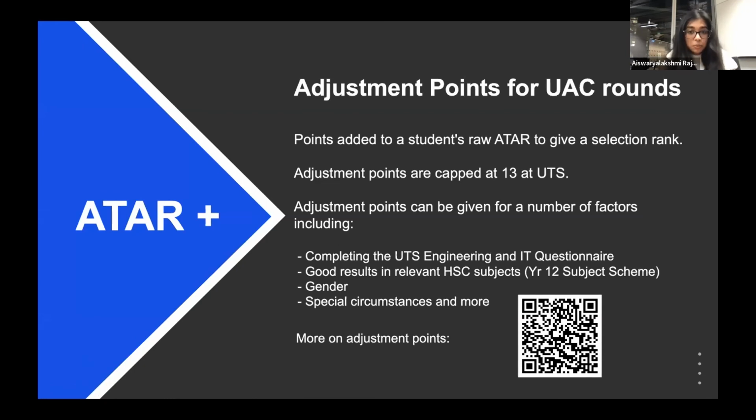Adjustment points at UTS are capped at 13, and adjustment points can be given for a number of factors. These include completing the UTS engineering and IT questionnaire, getting good results in relevant HSC subjects, your gender, special circumstances, and more. So I would highly recommend you check our website for more details regarding this.